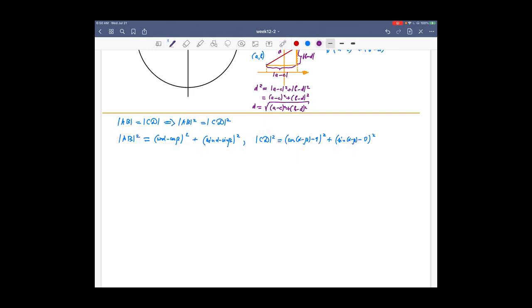So we're now going to equate this and this.